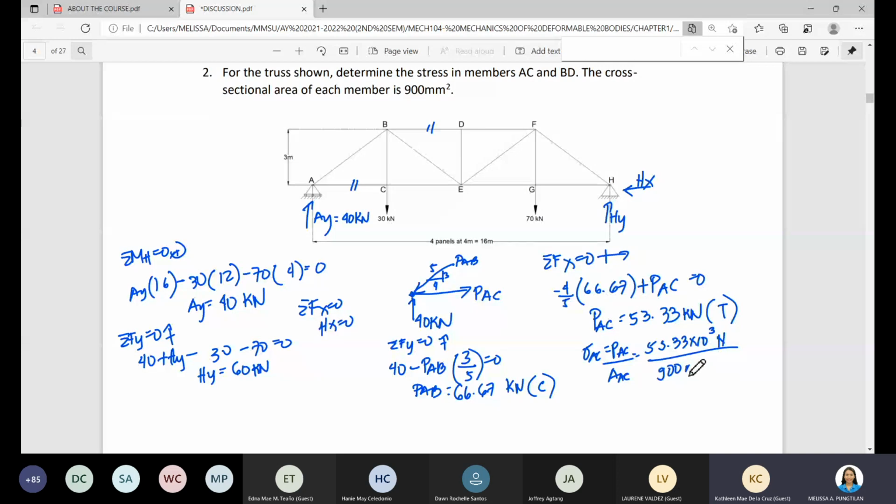Therefore, we have 59.26 Newton per square millimeter or 59.26 megapascal. Yan. So, paki-screenshot na lang bago tayo mag-proceed sa member BD.